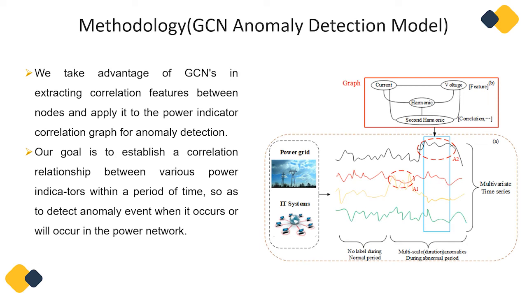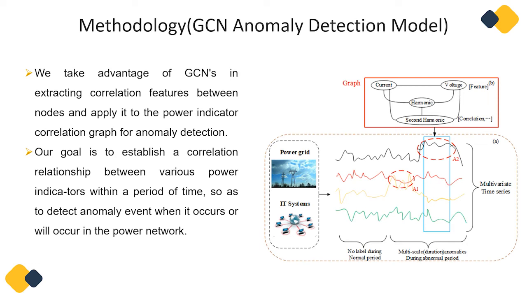Our goal is to establish a correlation relationship between various power indicators within a period of time, so as to detect anomaly events when they occur or will occur in the power network.